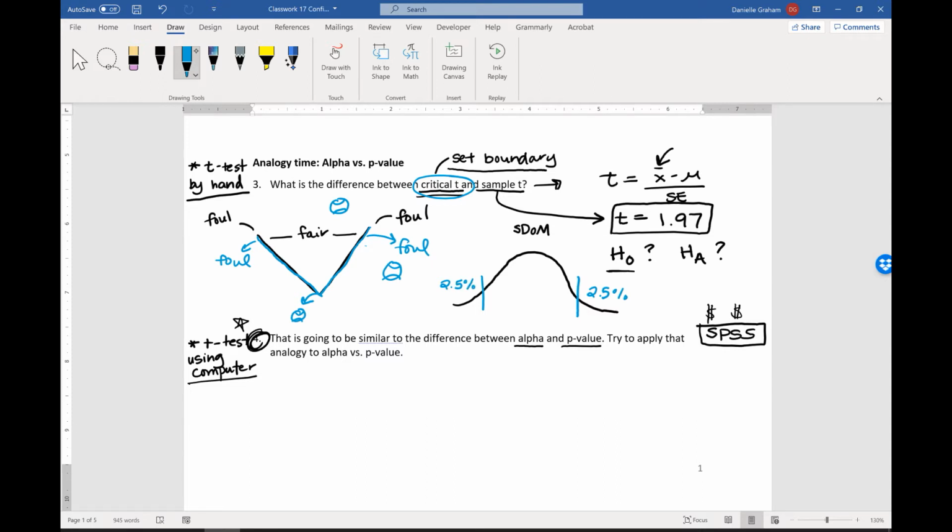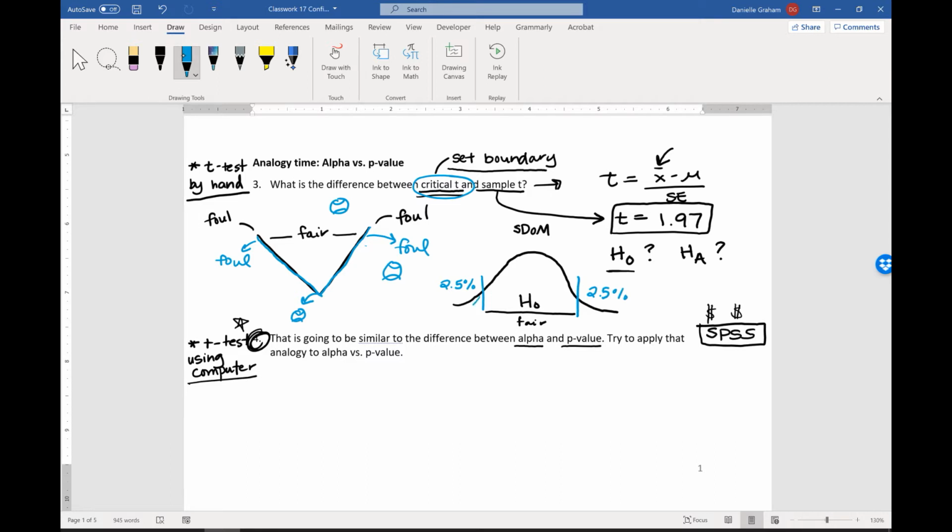So if my ball falls somewhere in between, it's going to be considered fair. And that's when we say, that null hypothesis seems fair. I'm going to just stick with the null hypothesis if it lands in this fair zone.